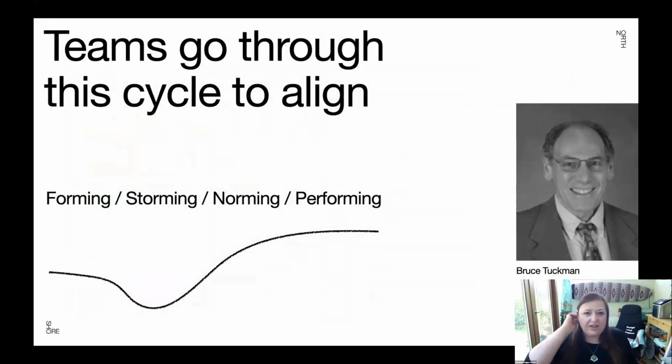One thing I found really helpful to learn was that when teams form, it takes some time for them to perform well, and you can't expect them to perform well immediately. And I found it incredibly valuable to understand Bruce Tuckman's process of how he describes groups work together.